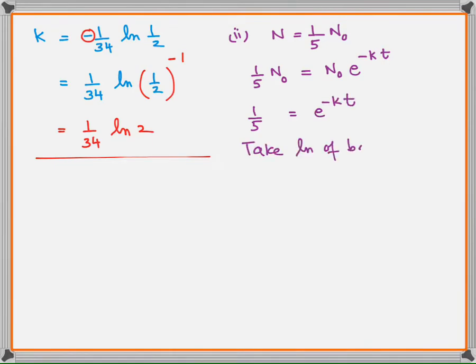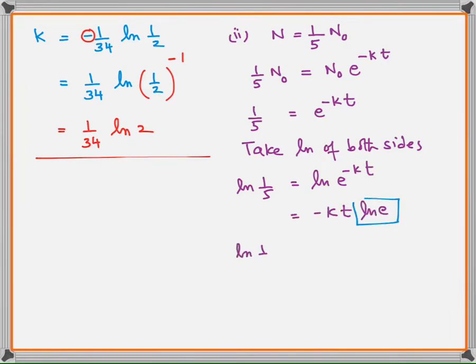Take log of both sides, natural log, that is ln of 1/5 is ln e raised to the power of minus kt. One thing you are noticing: I'm not plugging in that dreadful looking value of k at this moment. Let me go all the way to the end and then I'll plug it in. And of course, I can use a calculator and I can get my answer.